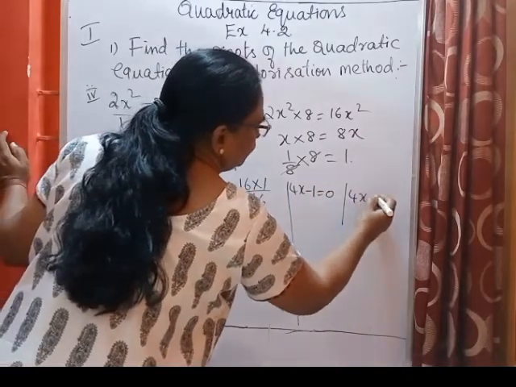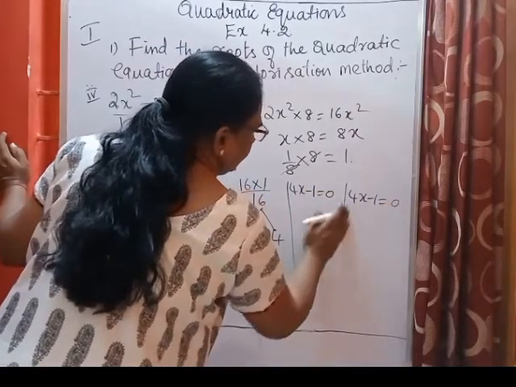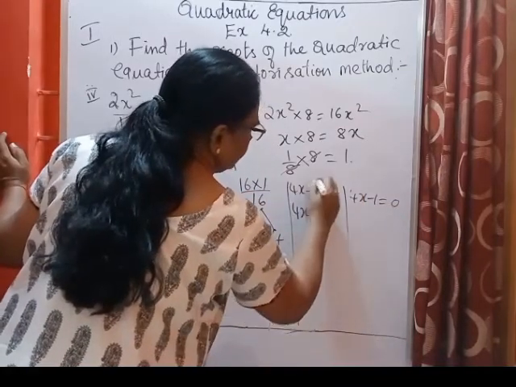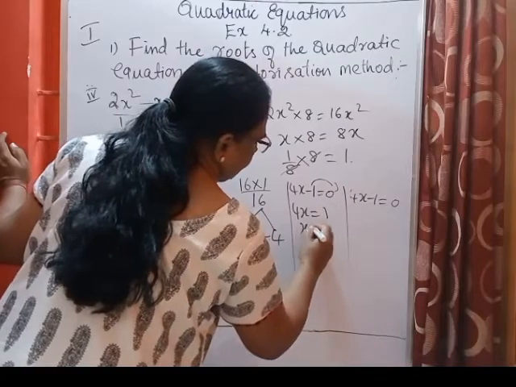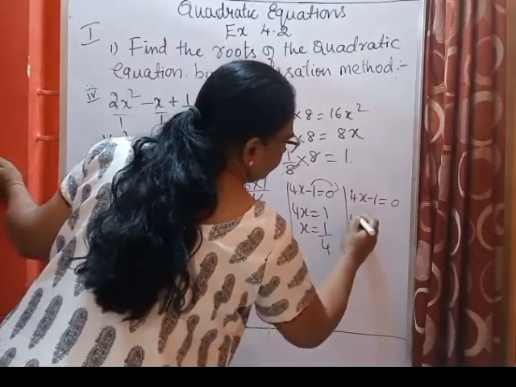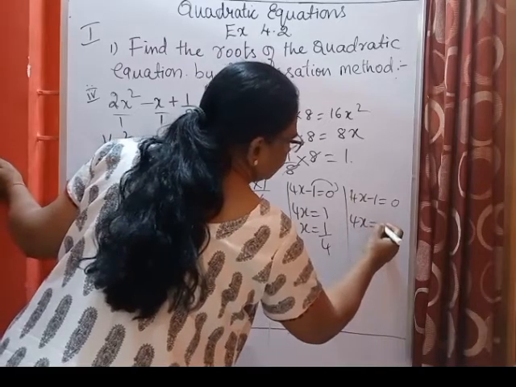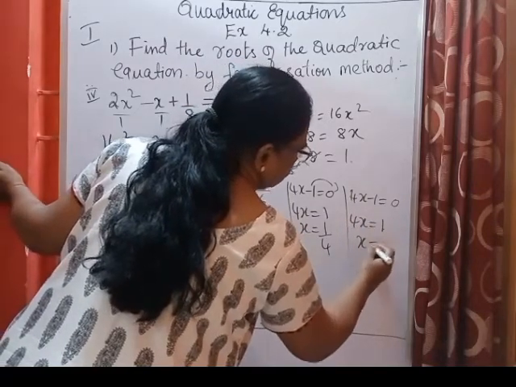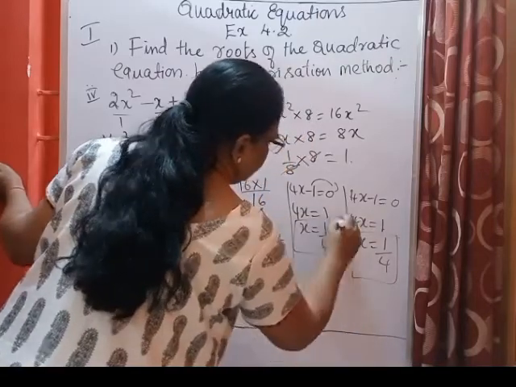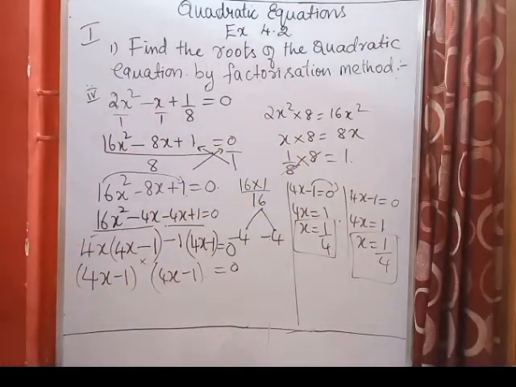The next factor is also the same thing. So you will get 4x is equal to plus 1, x is equal to 1 by 4. Here also the same thing, because the factors are the same, x is equal to 1 by 4. So two values you got, both are 1 by 4 and 1 by 4.